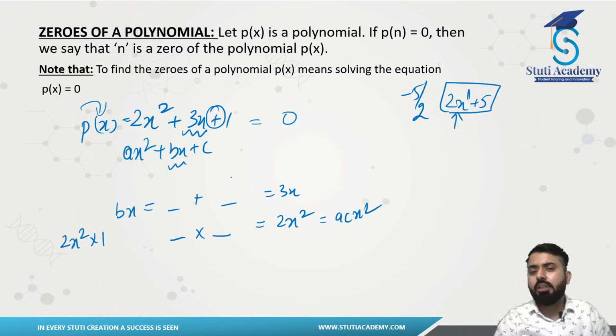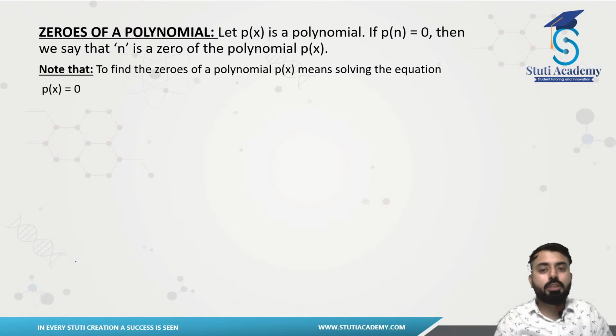Easy, you should be thinking of the factors: 2x square plus 2x plus x plus 1. So 2x plus x is 3x, and 2x into x is 2x square. So you have your factors, which are what?